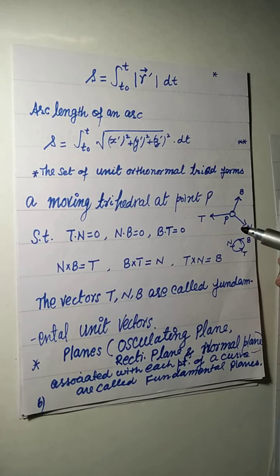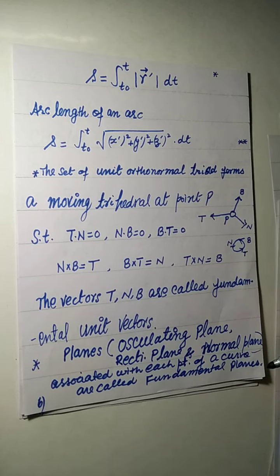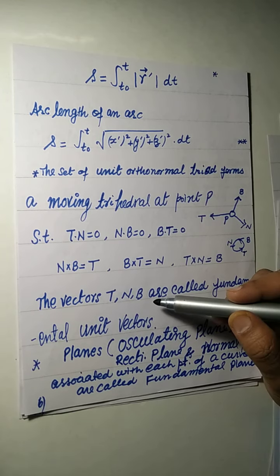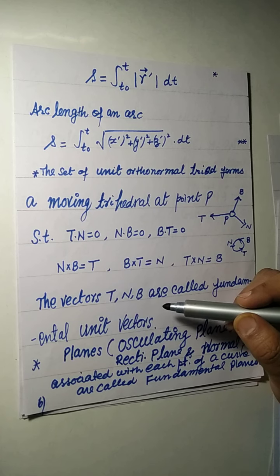And the planes, as we have discussed, the osculating plane, rectifying plane, and normal plane associated with each point of a curve are called fundamental planes. We can use these symbols as given in our question paper or according to our question.